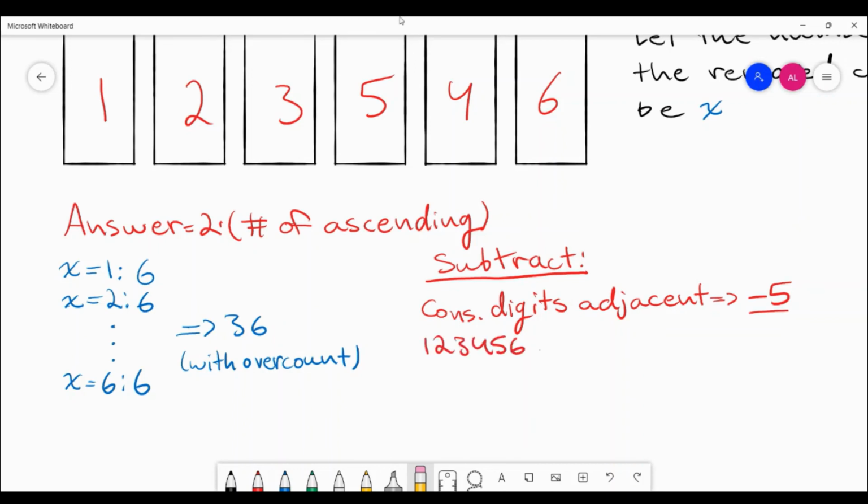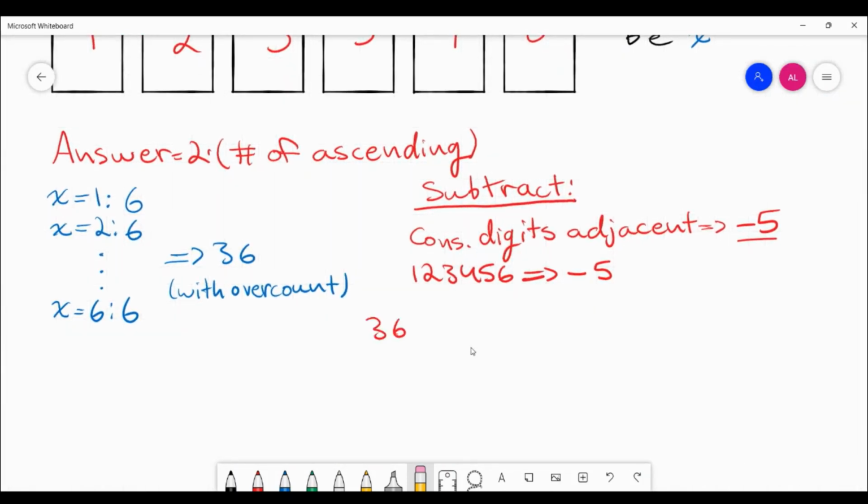And then we have our previously discussed 1, 2, 3, 4, 5, 6 case. We also have to subtract 5 because we counted it 6 times. We want to count it once. Any other cycling, as in this case right here, is not actually a valid combination that we counted in here. So this is all that we have to correct for.